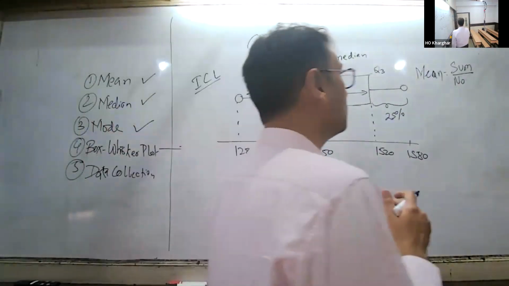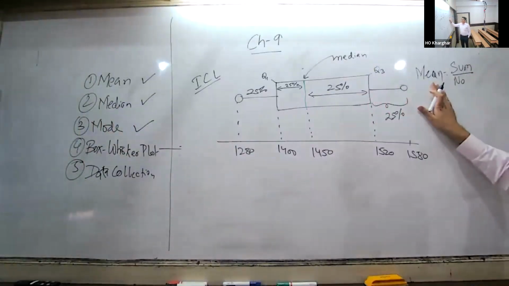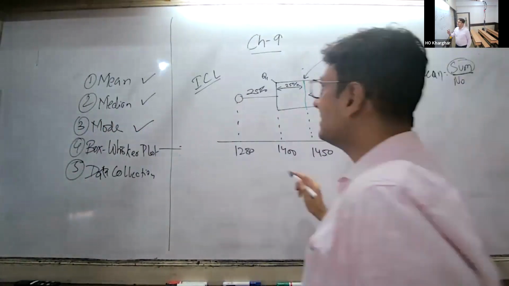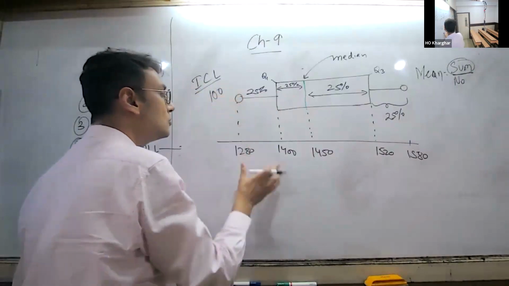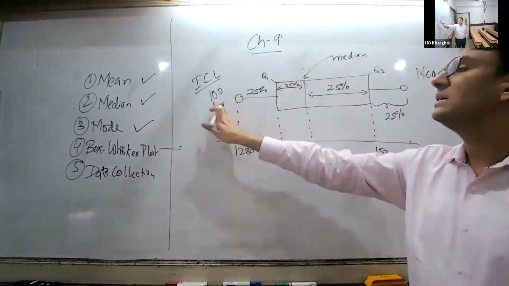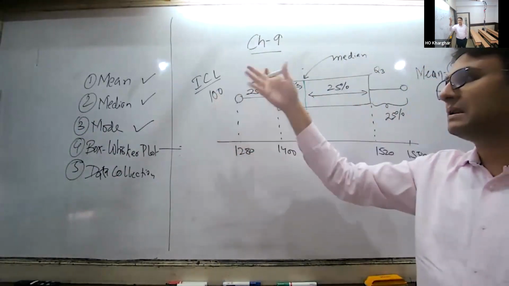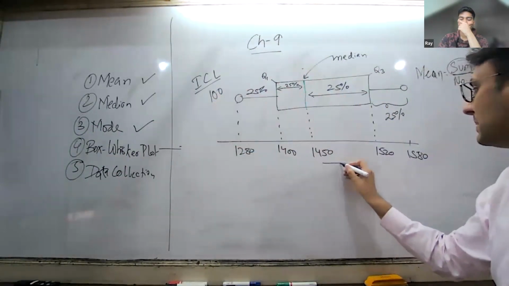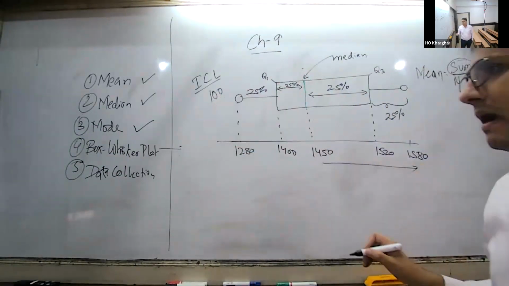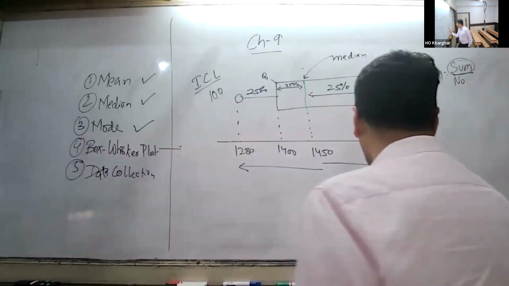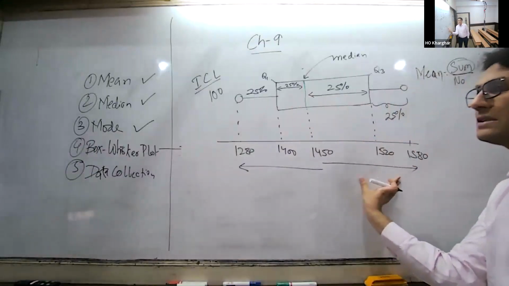Mean and median are different things. If I have to find the mean, I must know the sum of quantities. I can tell you that there were 100 students, so you know the total is 100. But what is the sum of scores of these 100 people? I don't know. I know 50% of people are above 1450 and 50% of students are below 1450, but what are their individual scores?